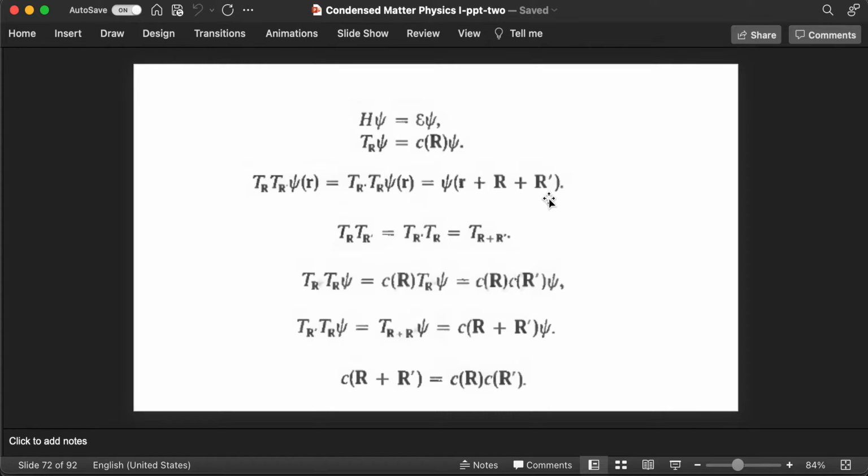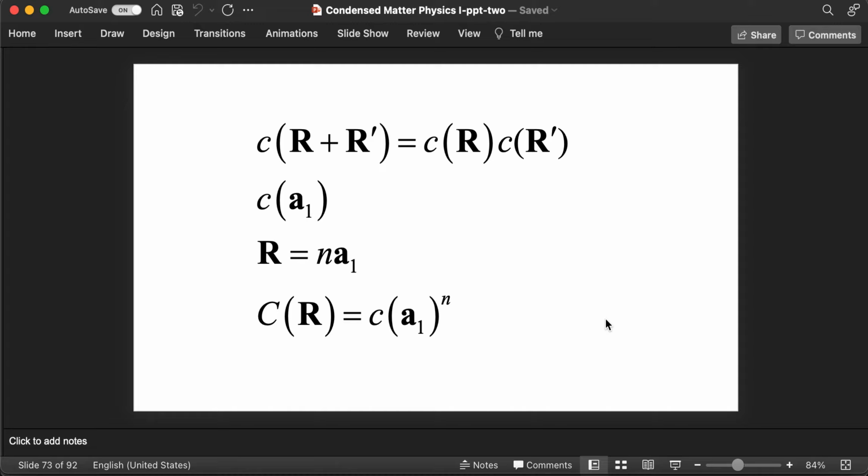And I can also write the product of the two operations as the sum: T_R times T_R prime can be written as T of R plus R prime. And again, if you look at the eigenvalues, I can see that the product of those two eigenvalues, C of R and C of R prime, is equal to the eigenvalue C of R plus R prime. That's simply because of the nature of the function that we have taken.